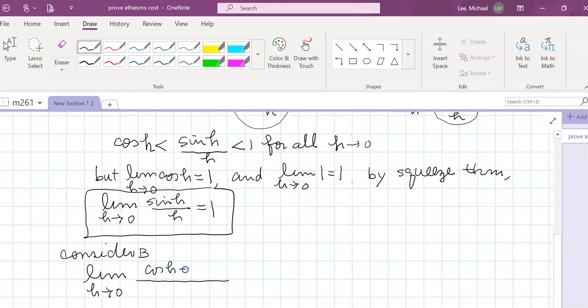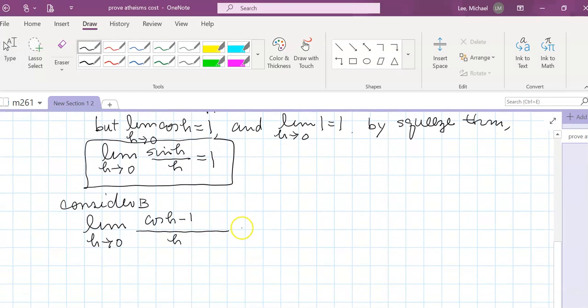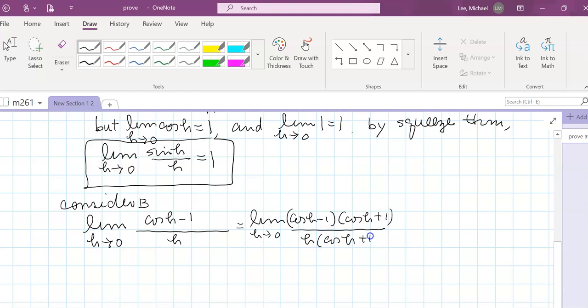This is the same as if I multiply both the numerator and denominator by cosine h plus 1.